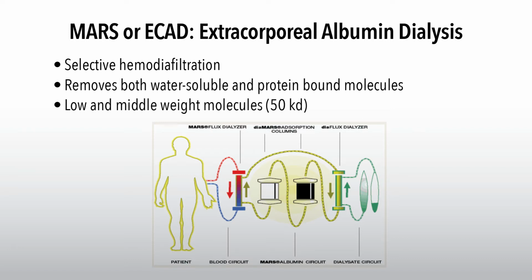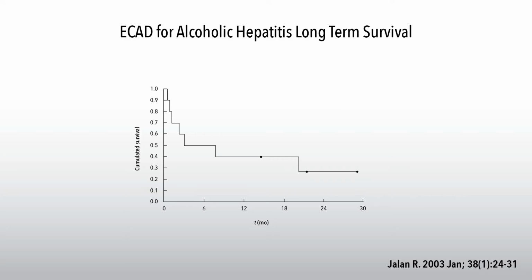One is water soluble, another is protein bound, and another is lipid soluble, in which different types of toxic agents are removed through adsorption. This system has been in use for a long time. I used it about 20 years ago, and in selected patients it can offer improvements. If you look at the long-term survival effect of this therapy in patients with severe alcoholic hepatitis, we still have a significant amount of patient loss.